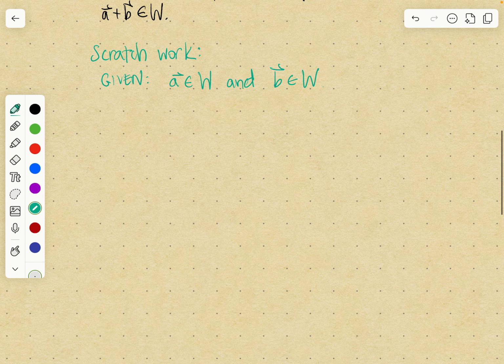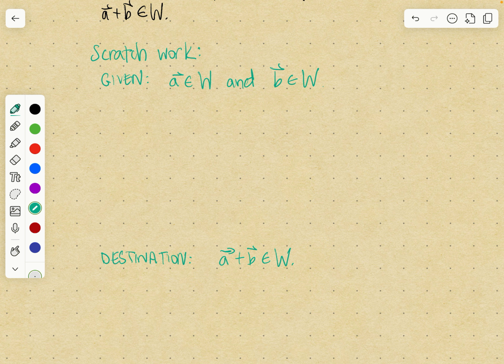And what we want to show, let's just put the destination here. What we're trying to conclude is that the sum A plus B is an element of W. So the question is, how do we get from what we're given to where we're trying to go, right?